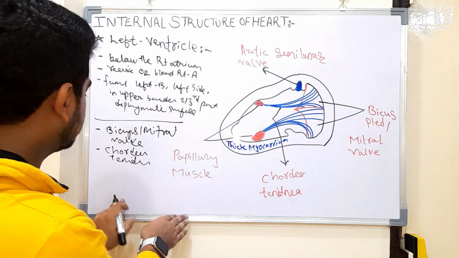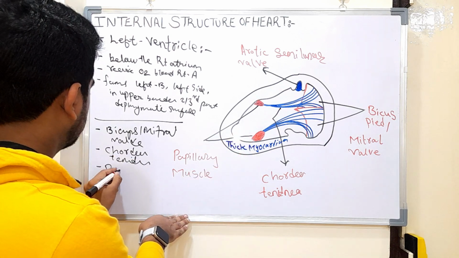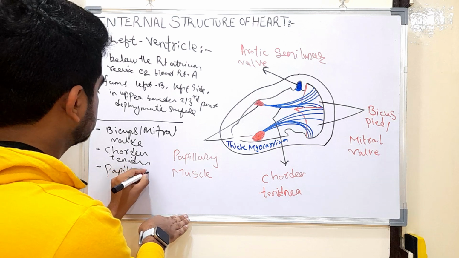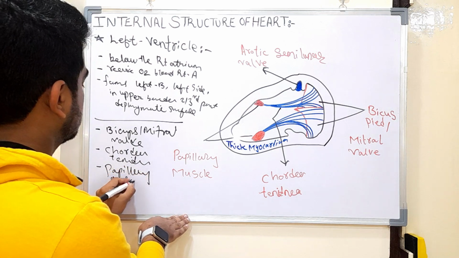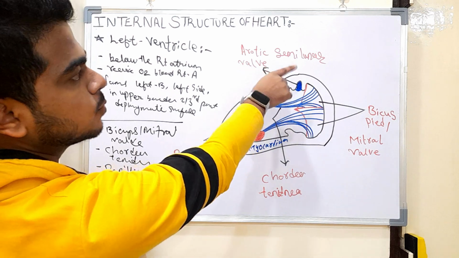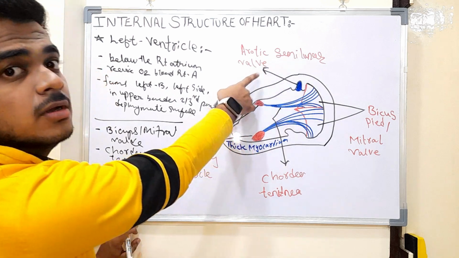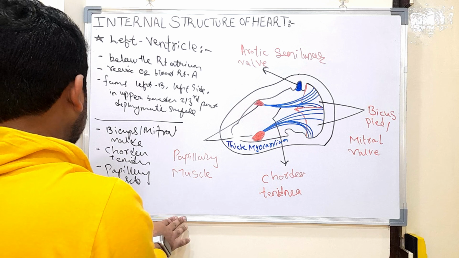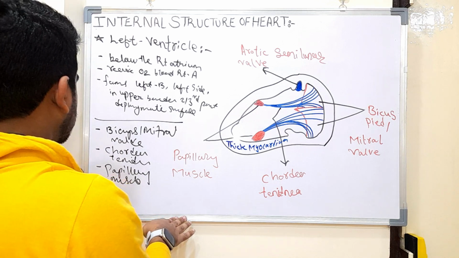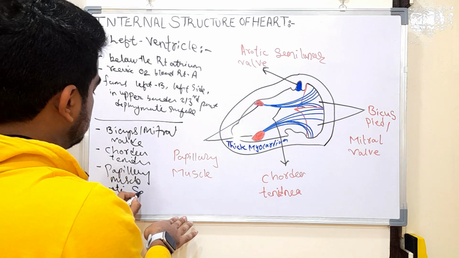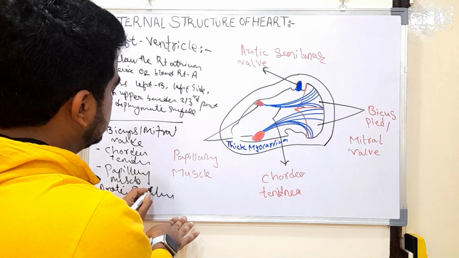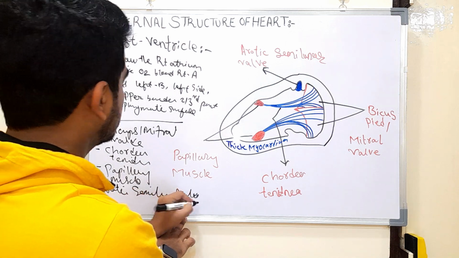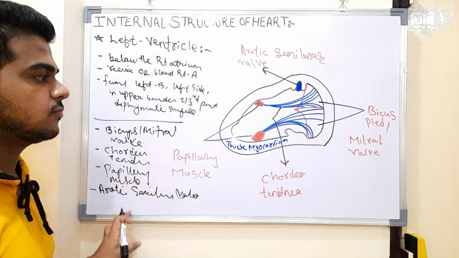Third is papillary muscles. And the last point you have to mention is the aortic semilunar valve. This is a very important point, students. These 4 points you have to write.